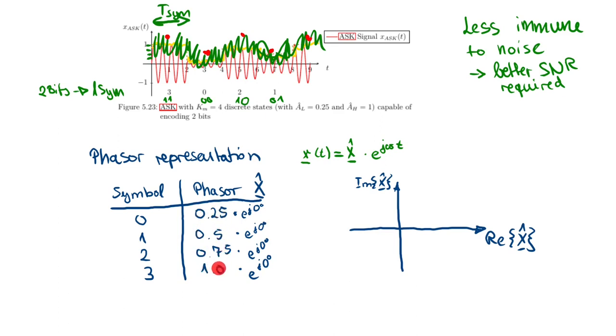They are equally distributed between 0.25 and 1.0, and we choose a phasor representation here. So here it's very easy because we only modulate the amplitude here, but we do not modulate the phase. This is what we are going to do in the next video.